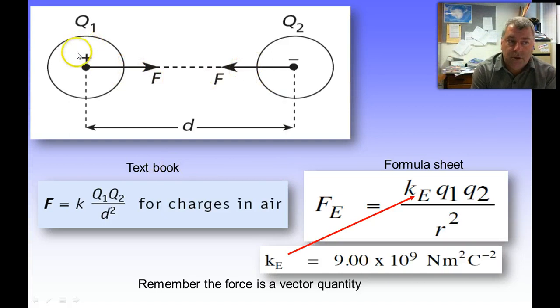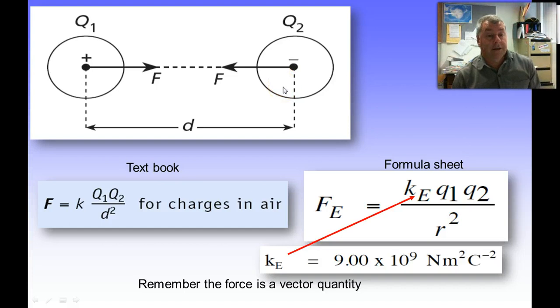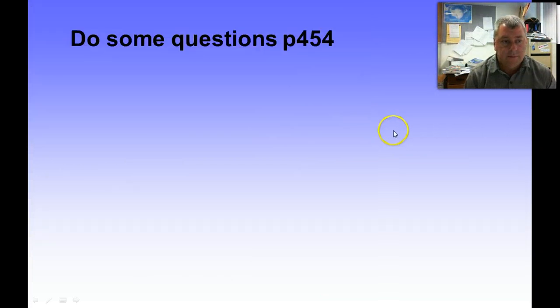And in this case, because it's a positive charge and a negative charge, it's the force of attraction. If these were both positive, they'd be repelling each other. If they were both negative, they'd be repelling each other. So in electrostatics, like charges repel, unlike charges attract. And remember that this is a vector quantity, so you need to give a direction, like shown here.